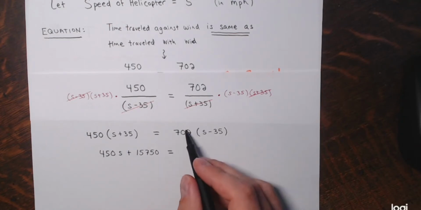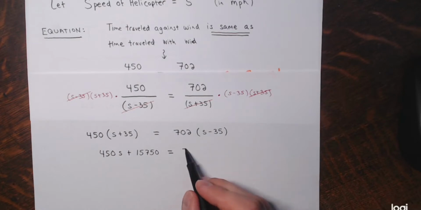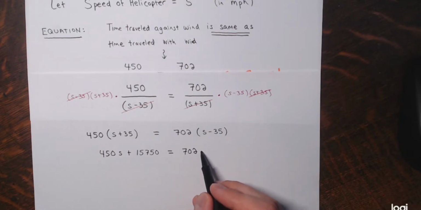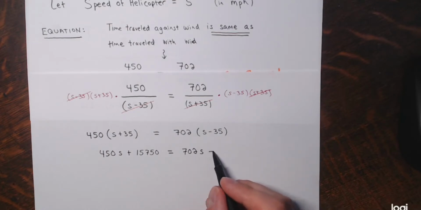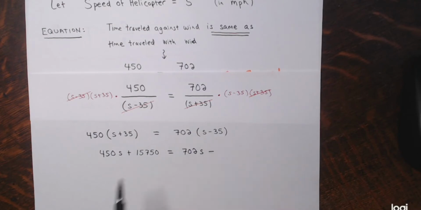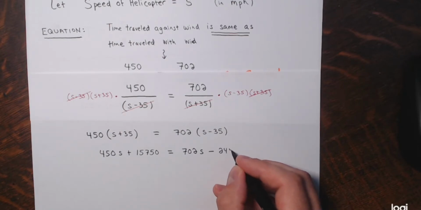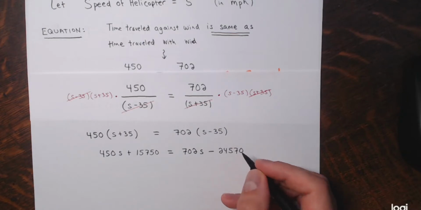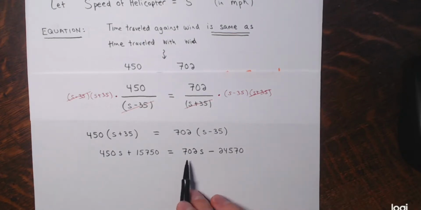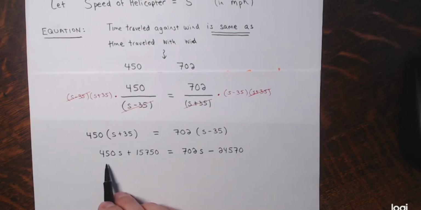Equals, and then over here distributing the 702, I have 702 times s minus 702 times 35, so minus 24,570, and then I would subtract 702s.